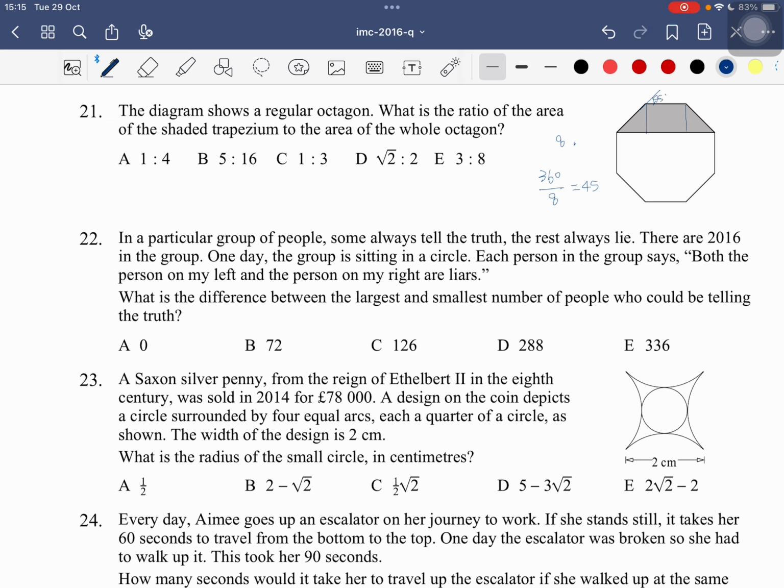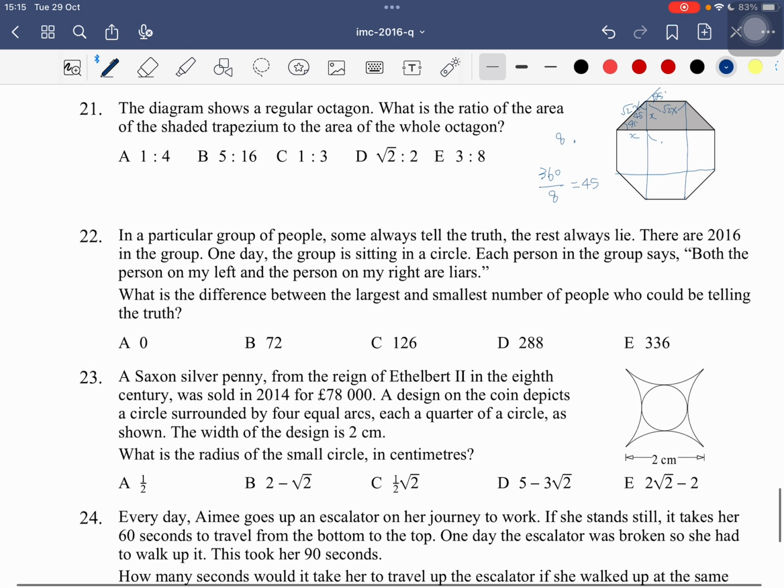So if we draw a line like this, also 45. This is 45. So let's call this x and x. Then this will be square root 2x. Then this is a regular octagon, so this is also square root 2x. So here is square root 2x and square root 2x.